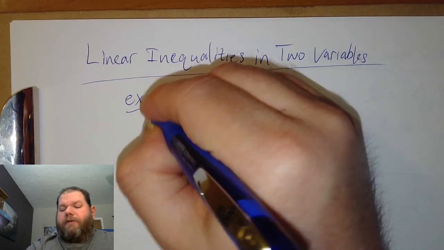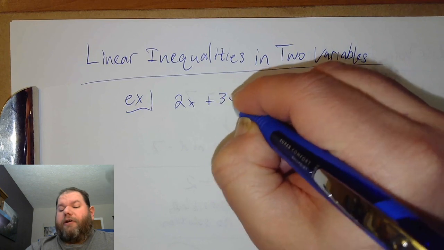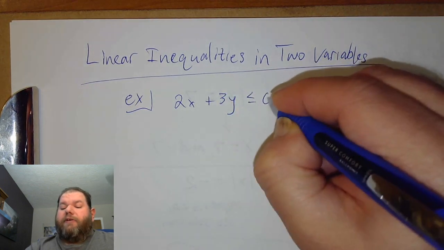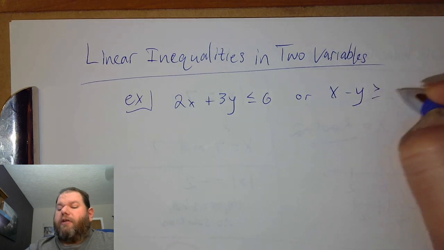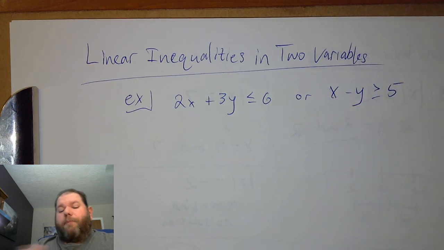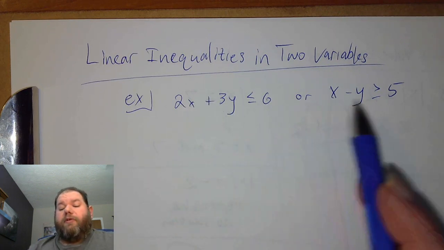For example, we might say something like 2x plus 3y is less than or equal to 6 or x minus y is greater than or equal to 5. Both of those are examples of linear inequalities in two variables because we have two variables there.